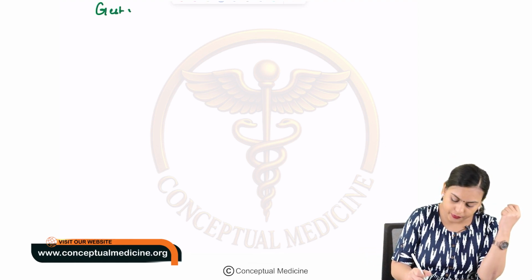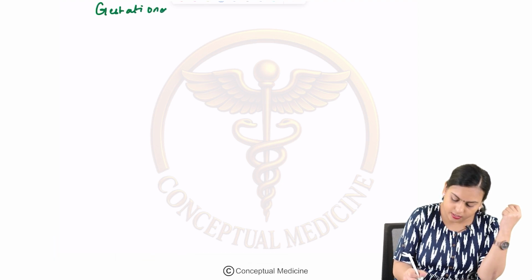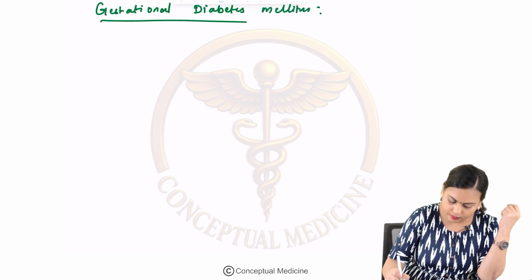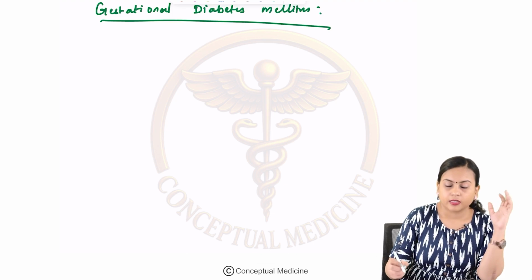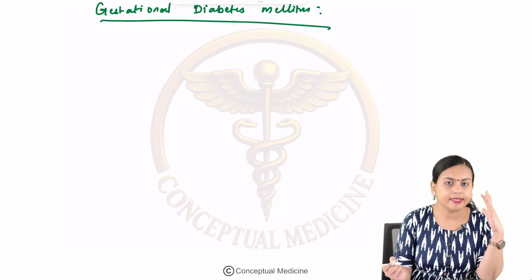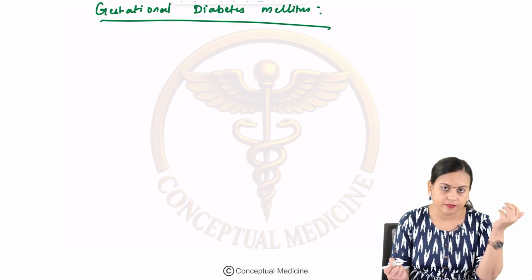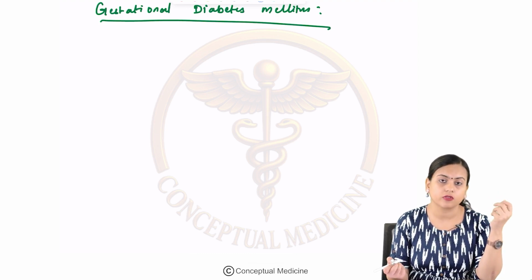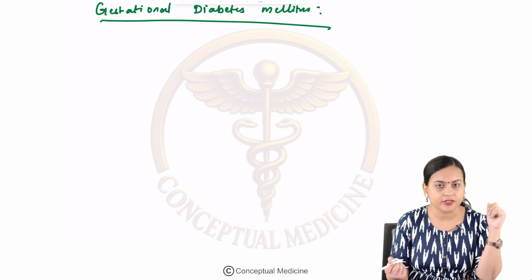Gestational diabetes mellitus. The definition is any degree of glucose intolerance that is first recognized and first diagnosed during pregnancy, mostly after the first trimester.